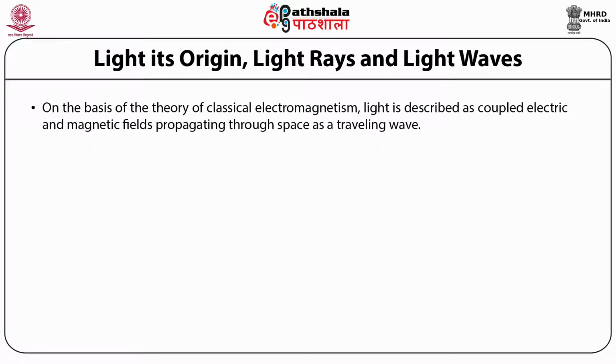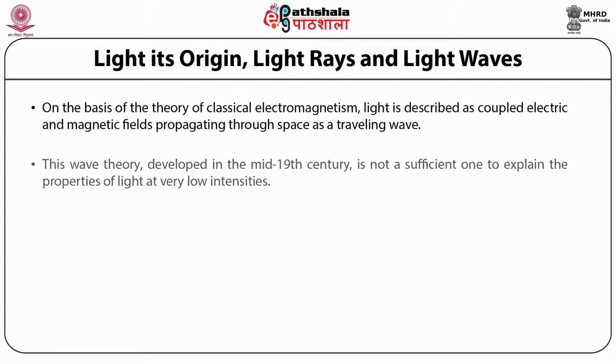On the basis of the theory of classical electromagnetism, light is described as coupled electric and magnetic fields propagating through space as a traveling wave.